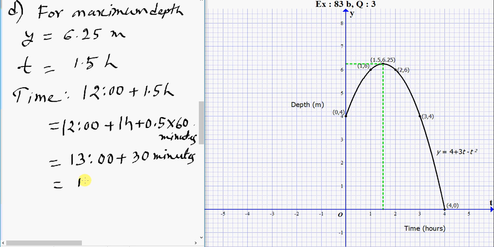We can write in PM also. It will be 1:30 PM.